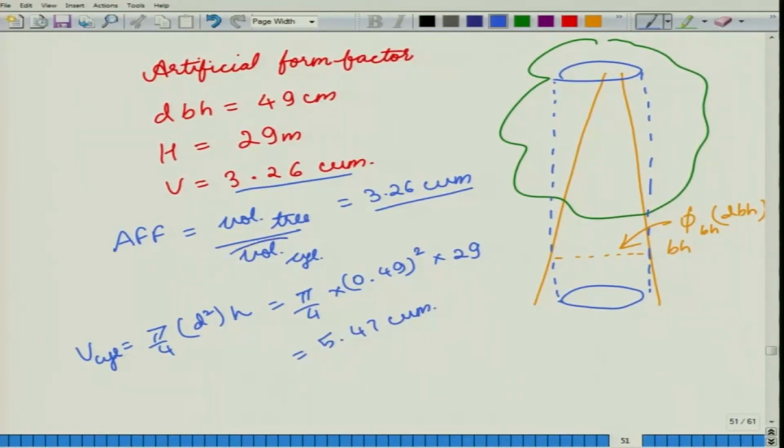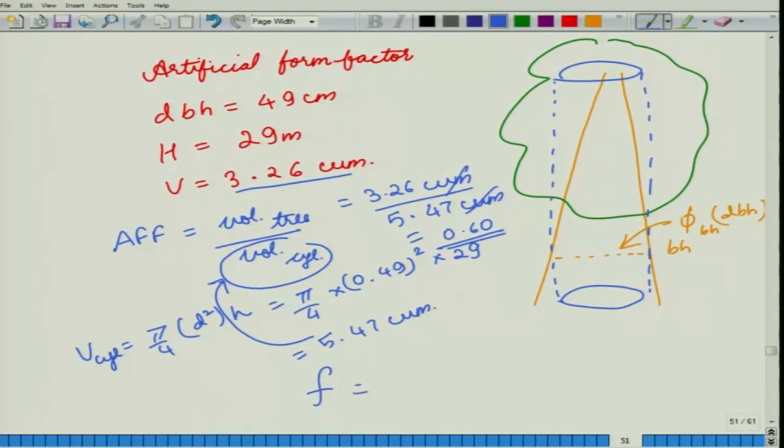So, we put this value here. It is 3.26 divided by 5.47, the cubic meters cancel out, is equal to 0.60. So, the artificial form factor F is equal to 0.60.